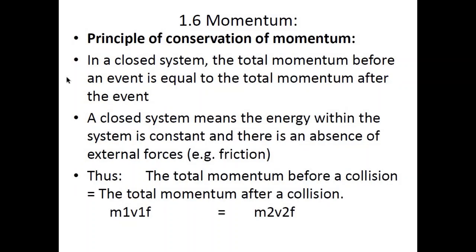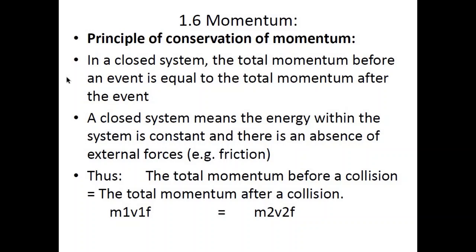Then we have something that is known as the principle of conservation of momentum. In physics we assume that, in a closed system, the total momentum before an event is always equal to the total momentum after the event has occurred.